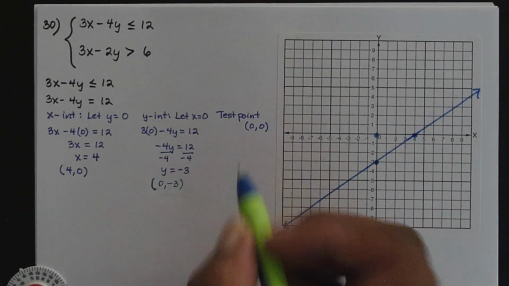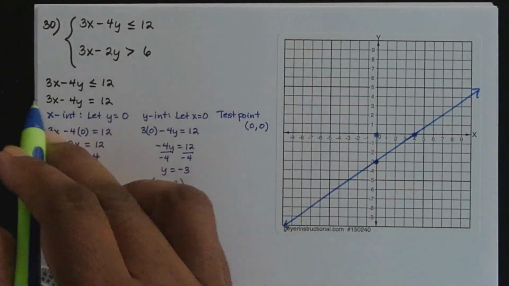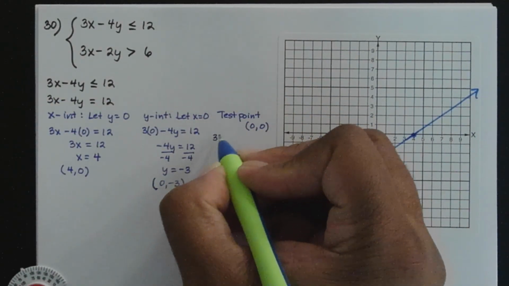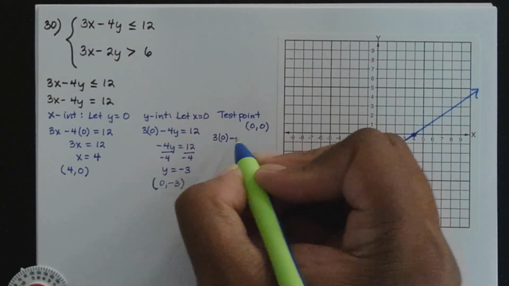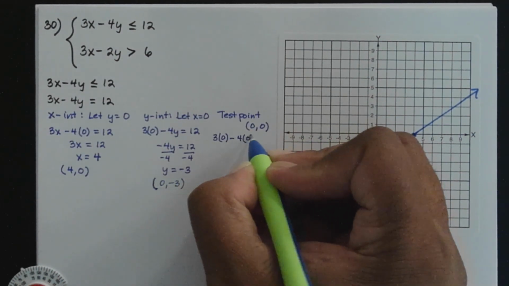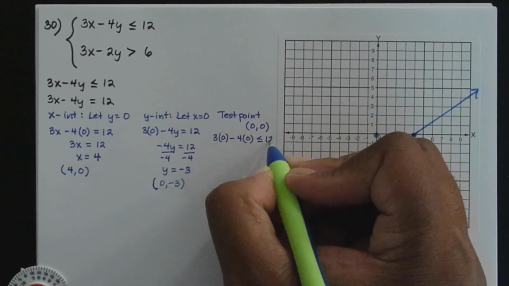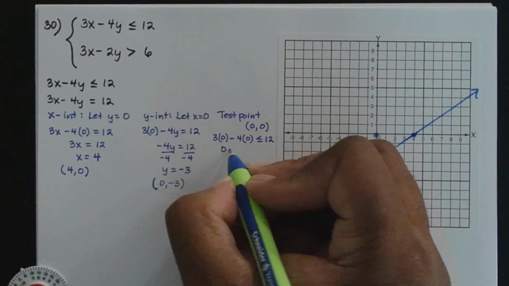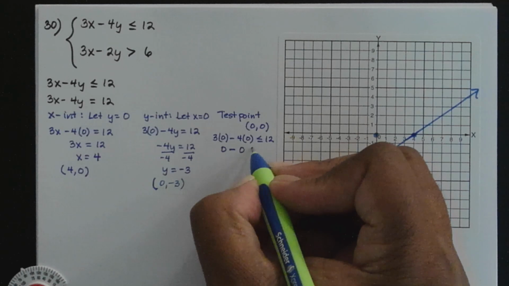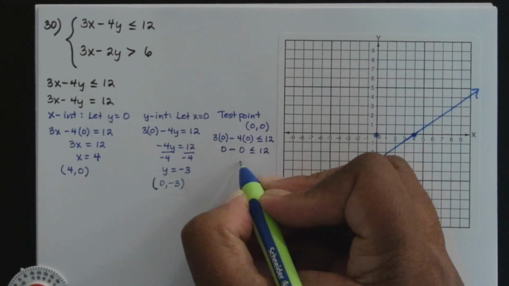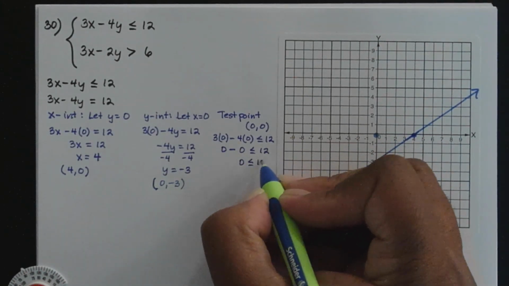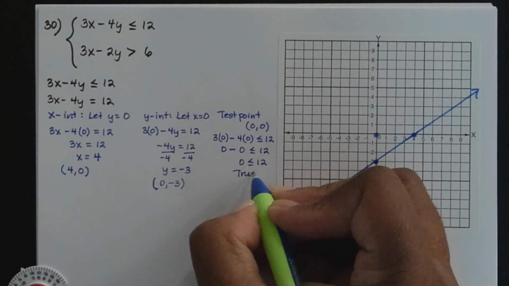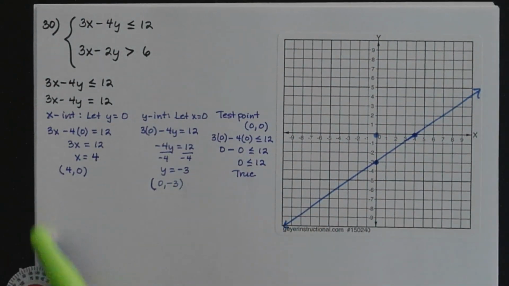Then we substitute the x with 0 and the y with 0 in this inequality to see if it's true or false. So we got 3 times x, which is 0, minus 4 times y, which is 0. The left side must be less than 12. 3 times 0 is 0, minus 4 times 0 is 0. 0 minus 0 is 0. Is 0 less than 12? Yes.